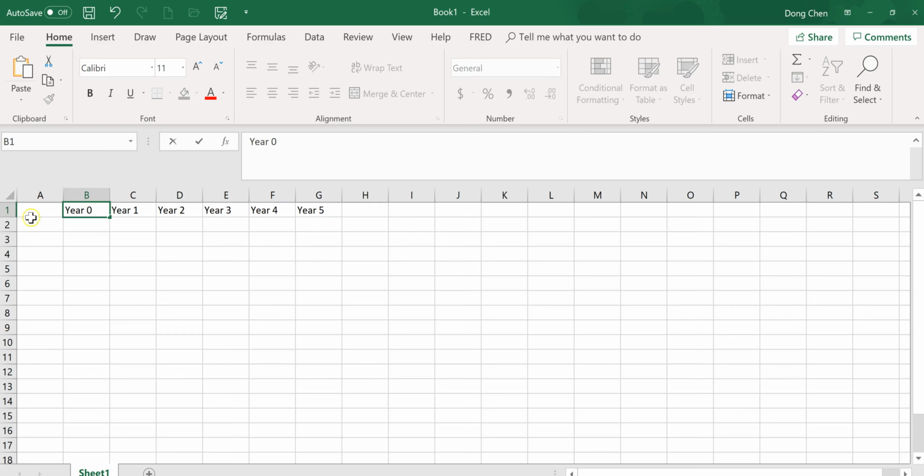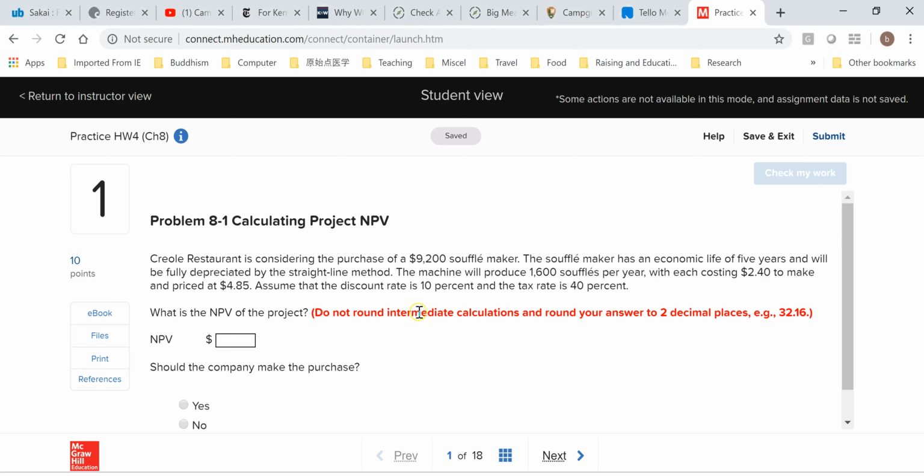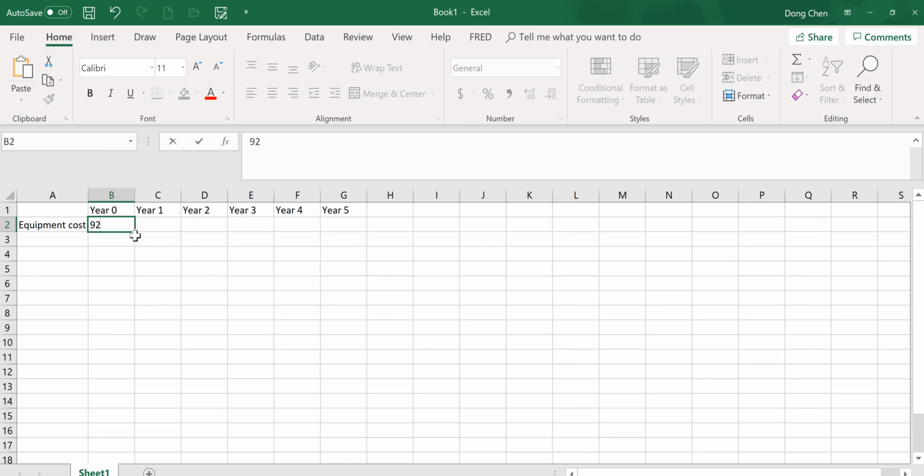In year 0, we have the equipment cost. We incurred this cost at year 0. The cost is 9,200.